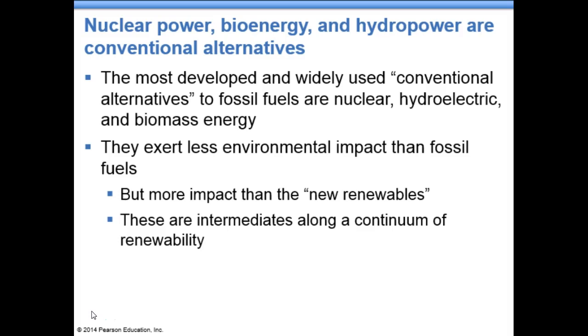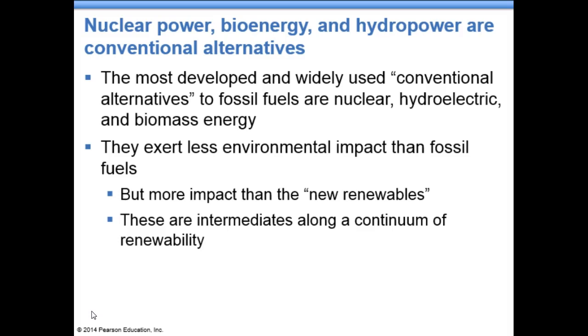They have been well-established energy sources, and as I said, they're going to be called conventional alternatives to our fossil fuels. They exert less environmental impact than fossil fuels. Most of them are considered new, renewable alternatives, but each one involves a unique and complex mix of benefits and, of course, some drawbacks.